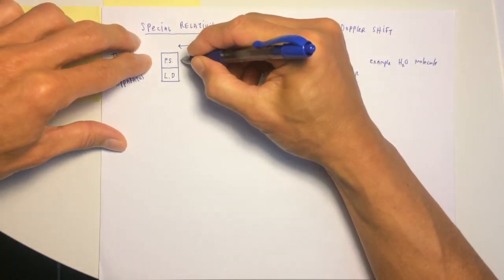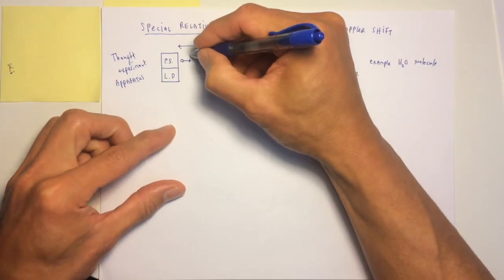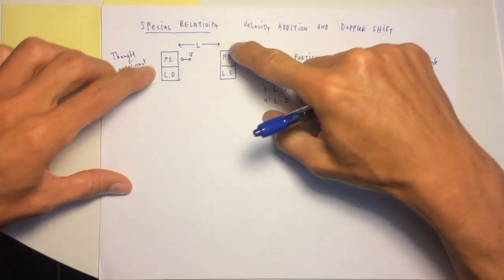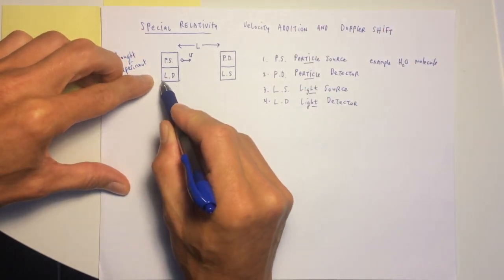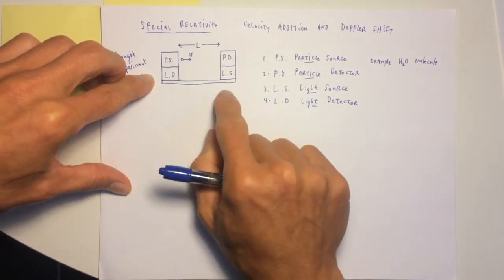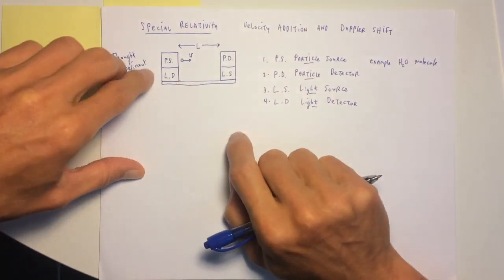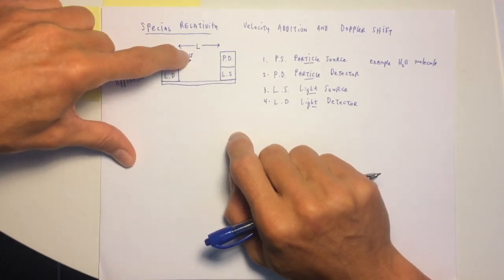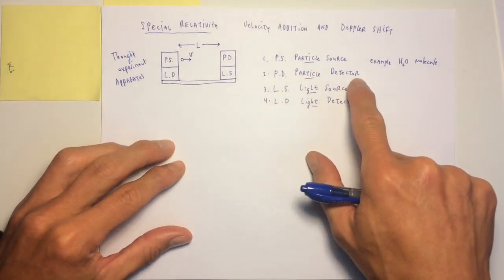It's shot out, and the idea is it's given a speed v, and this speed v is relative to the apparatus. So you might imagine that this apparatus is kind of rigidly separated so that the interfaces are a separation distance L apart, and this particle source shoots out a particle with a given speed v. And it travels across to the particle detector and is detected.